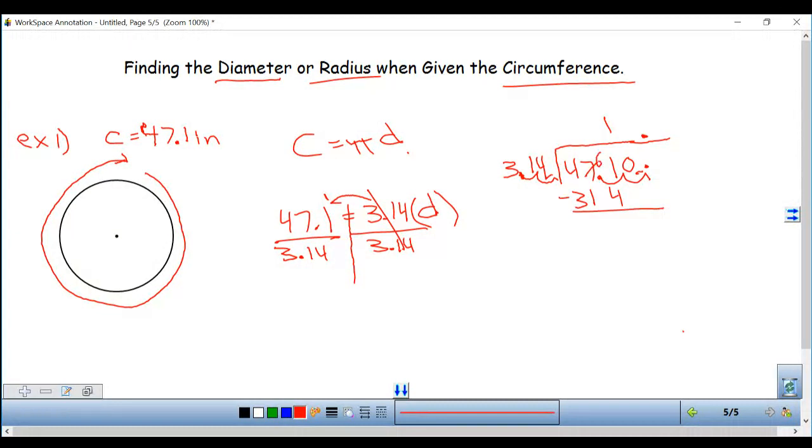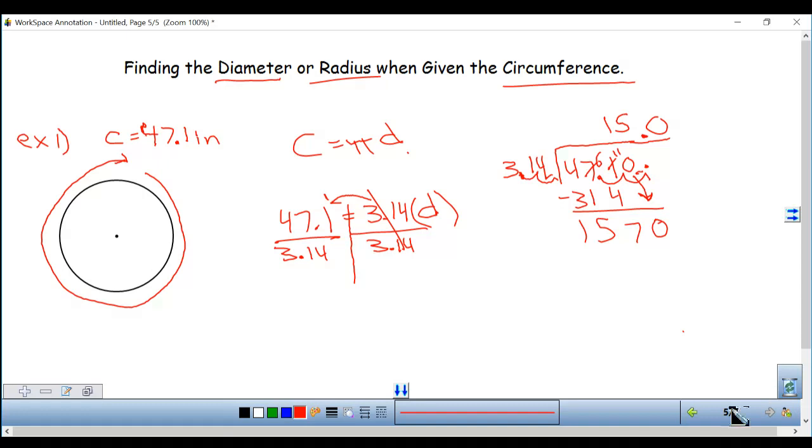We subtract. I get 157. Bring down the 0. 314 goes into 1570. I'm going to save some time. I know it goes in exactly 5 times.